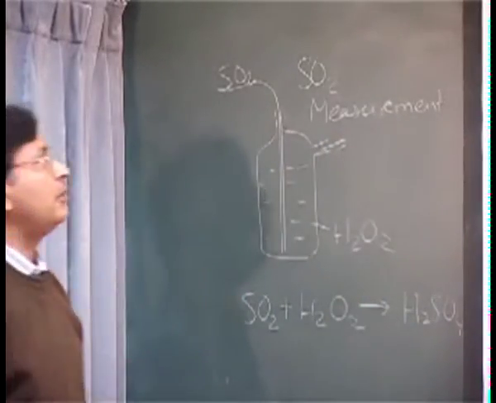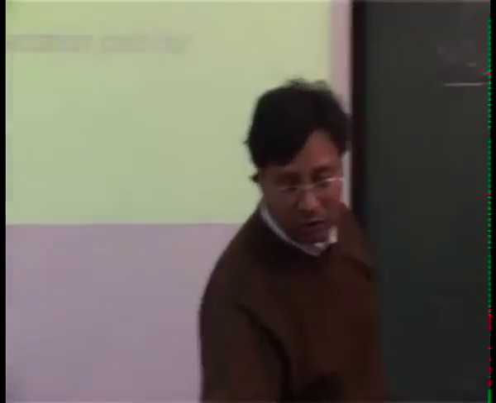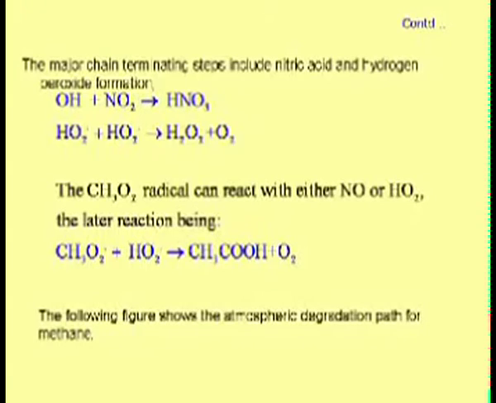So you see how in the atmosphere, who can think that H2O2 will be formed in the atmosphere, and this H2O2 is formed. As if life is not simple. HO2, that is the hydroperoxyl radical, which is very important for the formation of your NOx, can also react with the CH3O2 radical either with NO or with HO2.